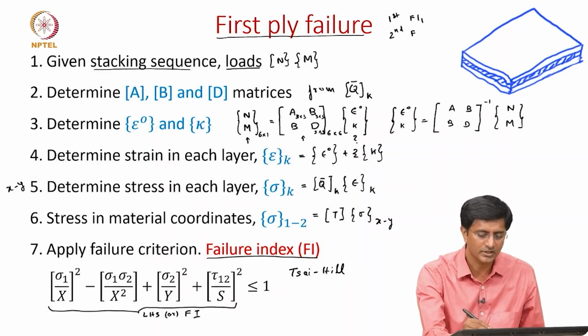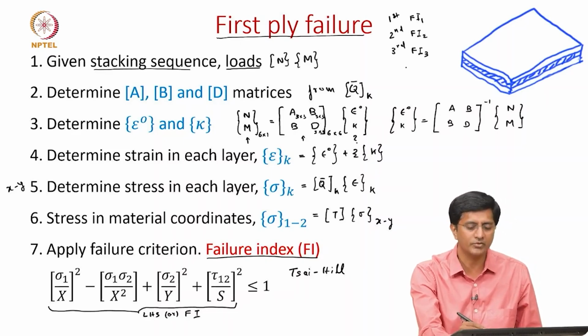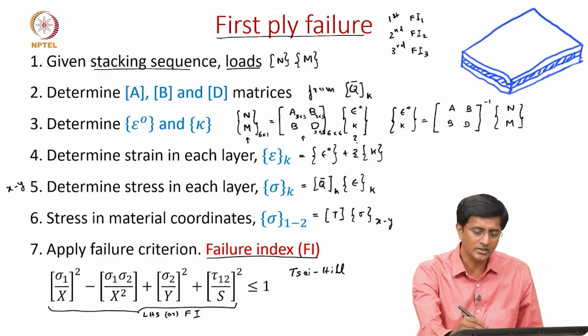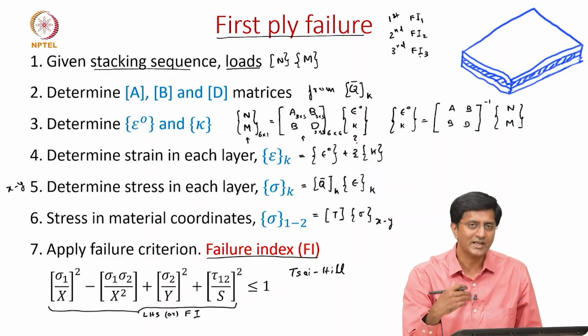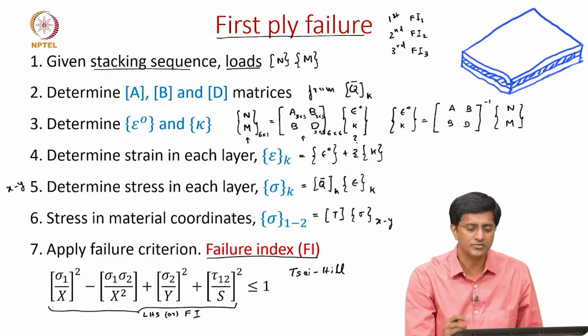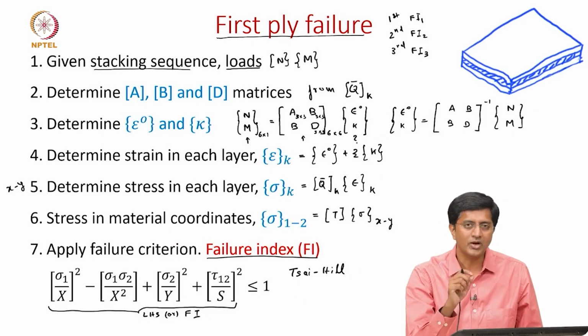Similarly, for the second layer, failure index 2, and third layer, failure index 3. Let's say we are only looking at a laminate with 3 layers. So looking at these failure index values, can we say which of these is the first failure? It all depends on the values. The one with the highest value is the one which is prone to first failure.